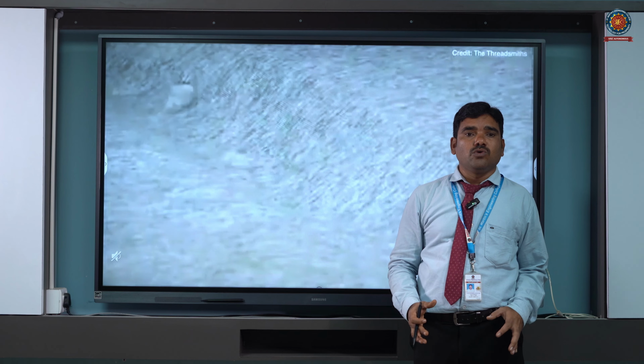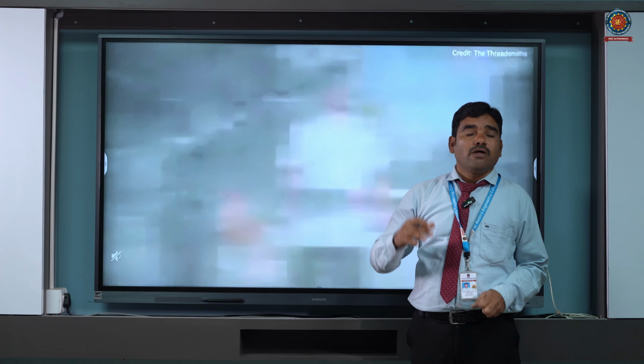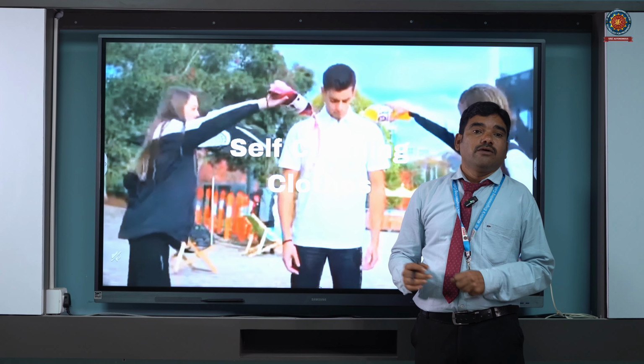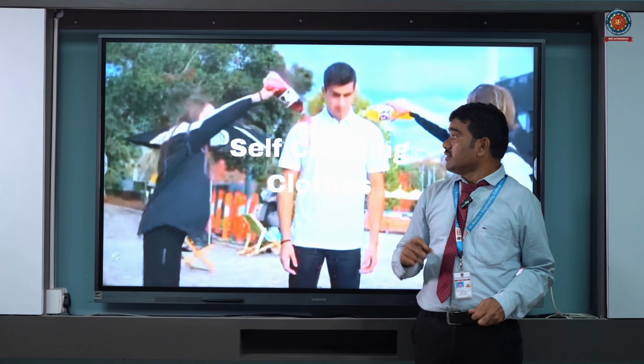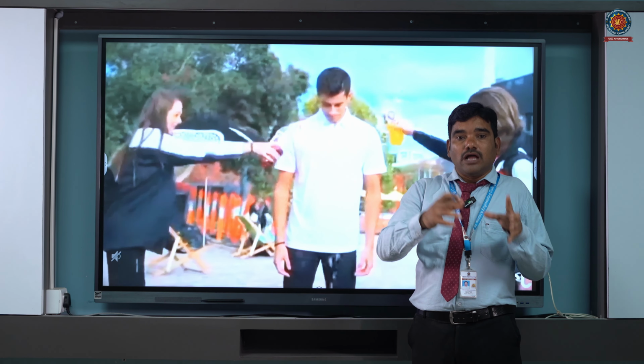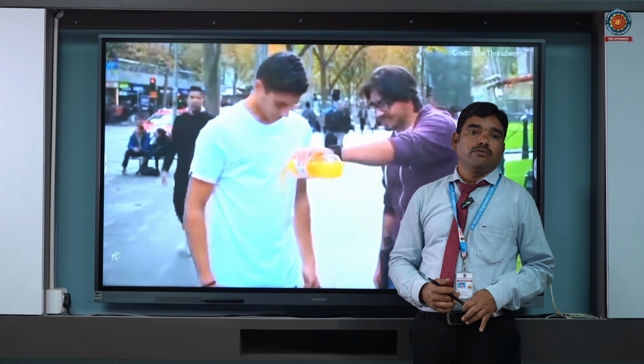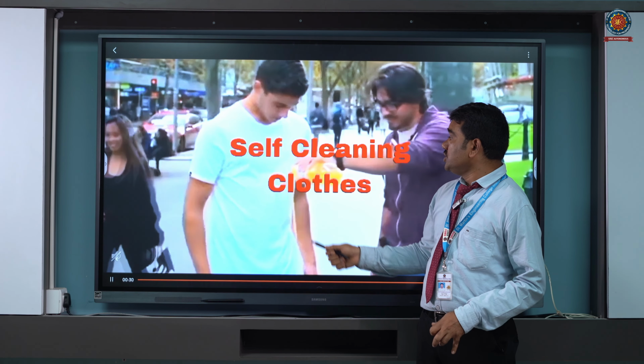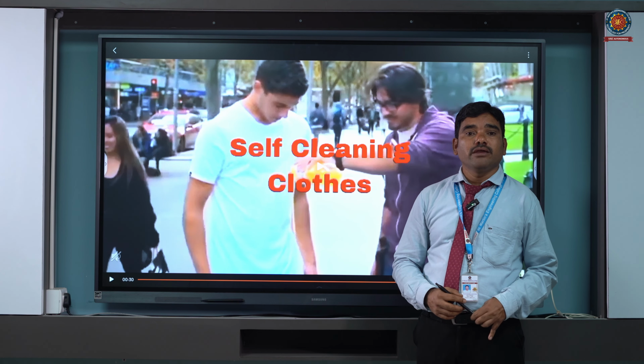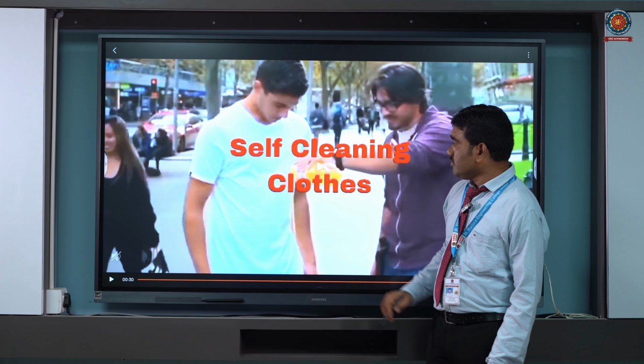In nature also, the lotus leaf has wax-coated bumps. That's why the lotus leaf also has a super hydrophobic property. Here, the shirt also has a super hydrophobic property.